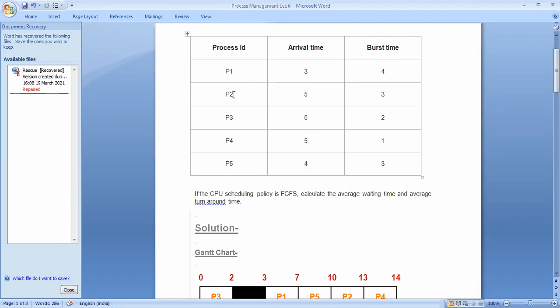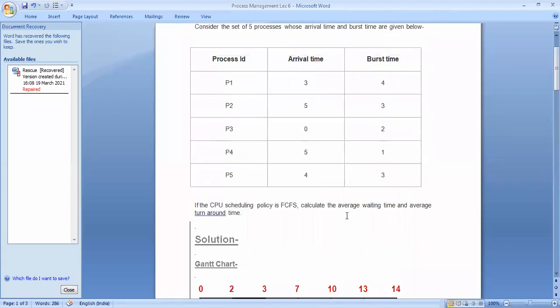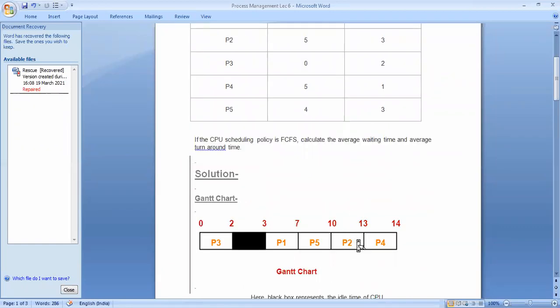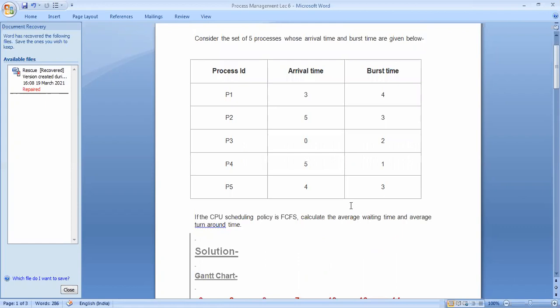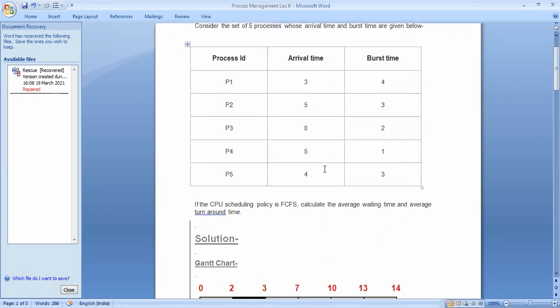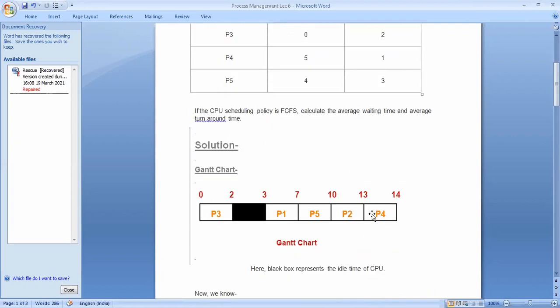So process ID P2 will execute first, then P4. P2 will take how much time? 3 milliseconds. And after that, which process? P4, and it will take 1 millisecond.